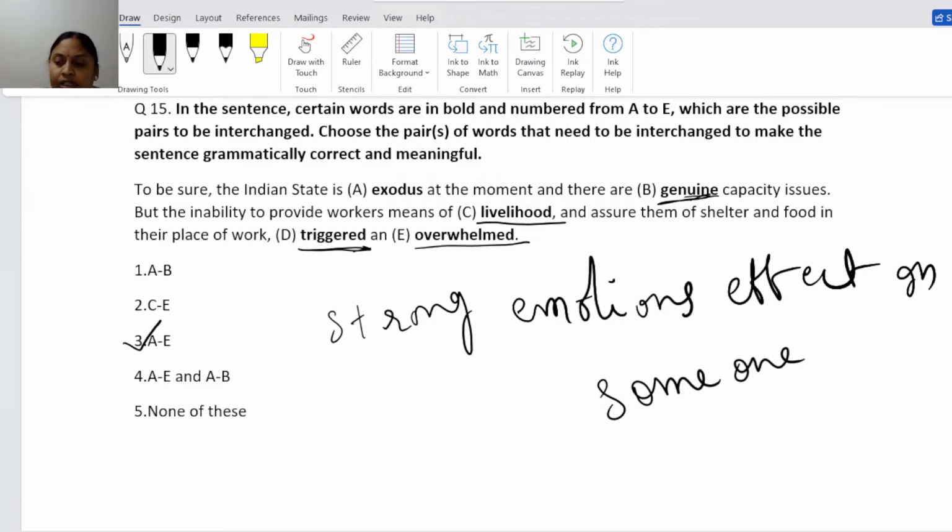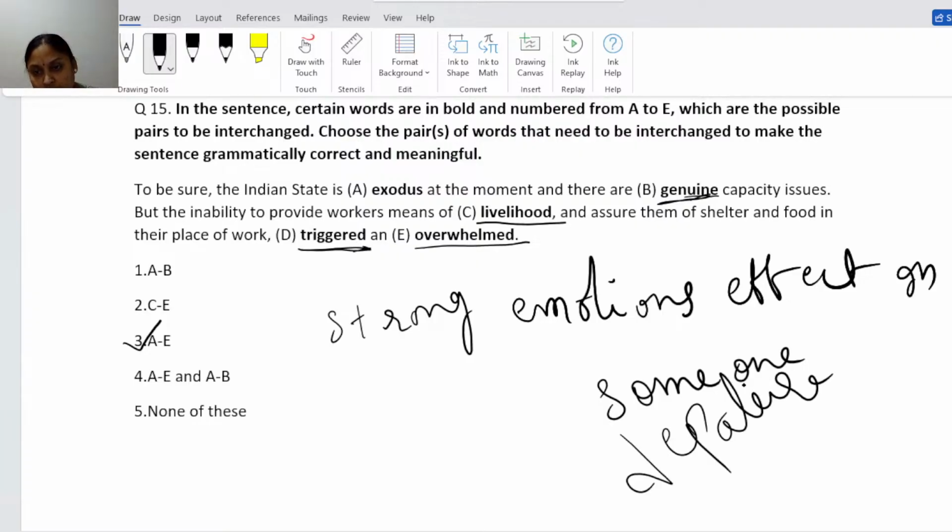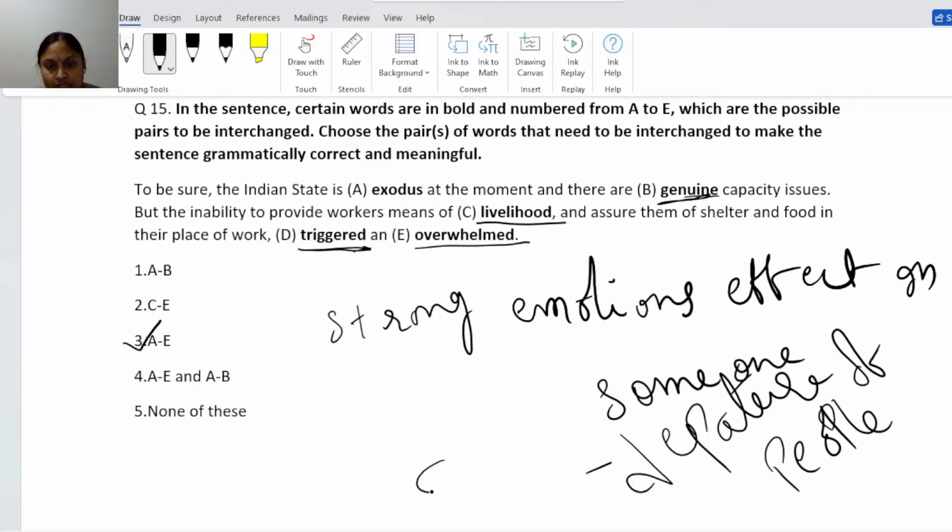Exodus is nothing but mass departure of people. Exodus meaning is departure of people.